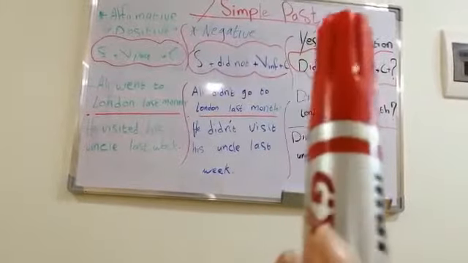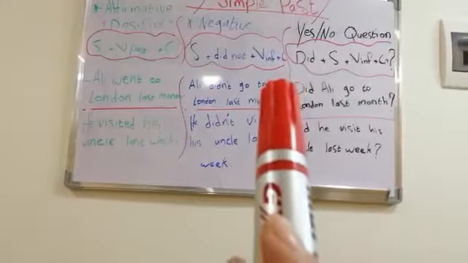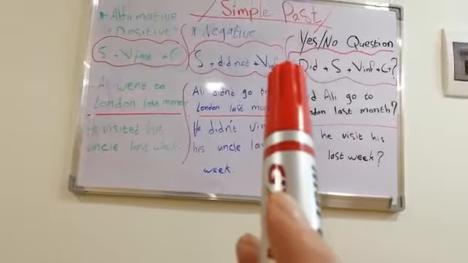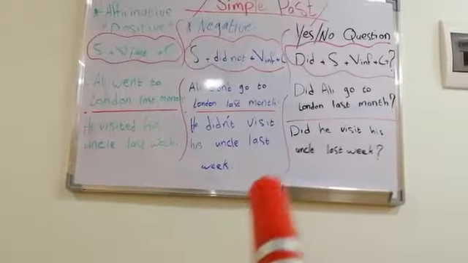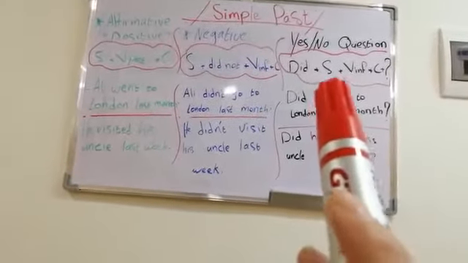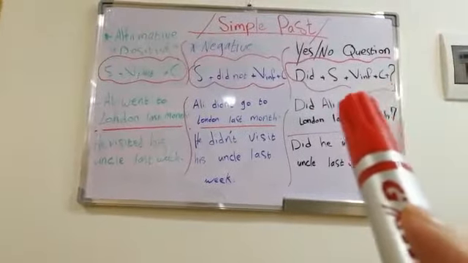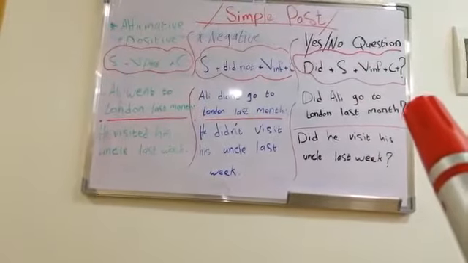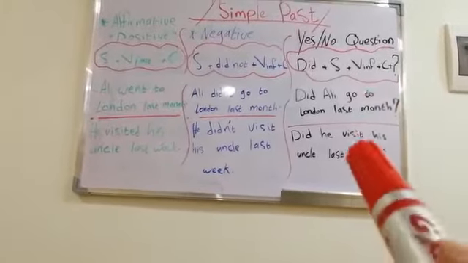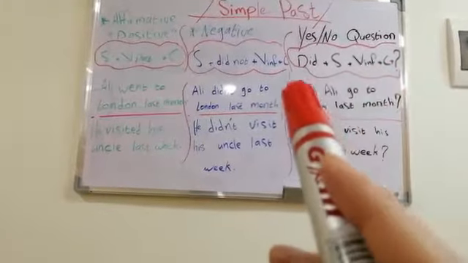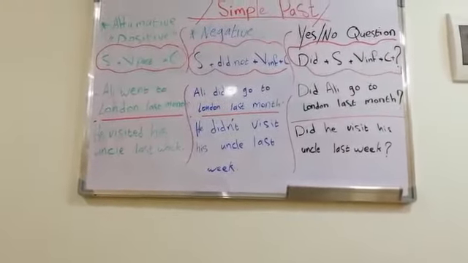Don't forget the verb is in the infinitive form. Why? Because we have didn't. In the yes or no question, we have did, subject, verb infinitive, complement, and question mark. Why do we use verb infinitive here? Because we have did.